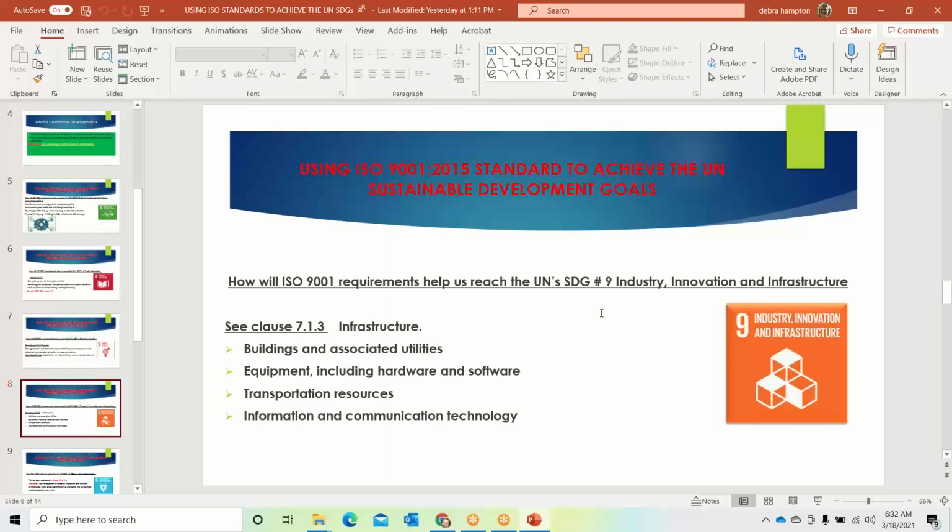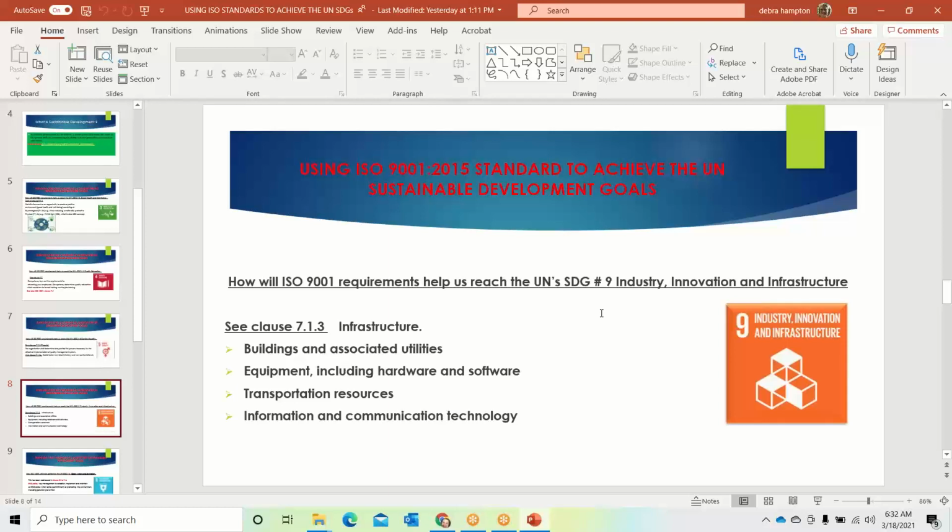All right. So the applicable clause in our standard is clause 7.1.3. If you have your standard, you can refer to it, 7.1.3. So this clause talks about infrastructure.